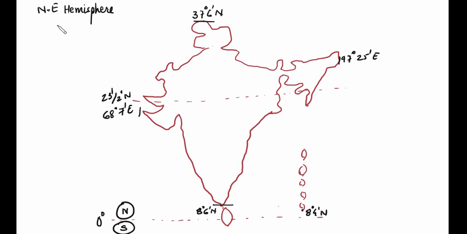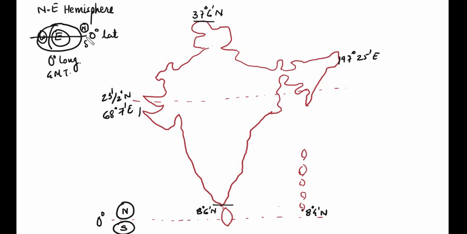Now if this is our Earth, equator, 0 degree latitude, divides India into northern hemisphere and southern hemisphere, as well as at the same time this is GMT or 0 degree longitude, Greenwich Mean Time, you might know about this. So this makes a divide in the world into two hemispheres, eastern hemisphere and western hemisphere.